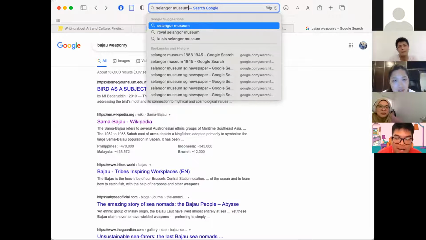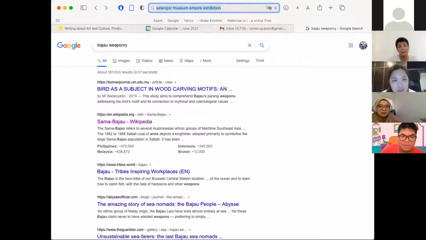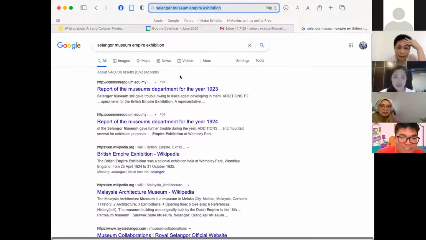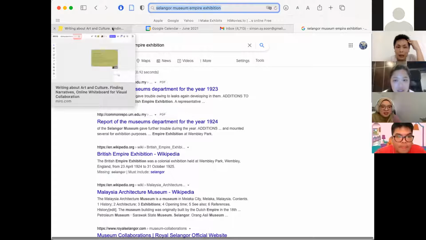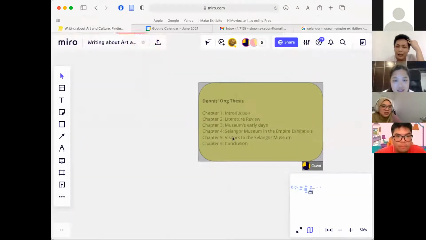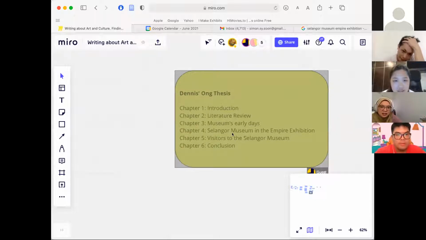I think it's a highlight event that the museum has been involved in, so I think it should be important at least to talk about it. Why that event? Why not other events? Is it the first one that Malaysia participated in internationally? I don't think it's the first. So why that event?